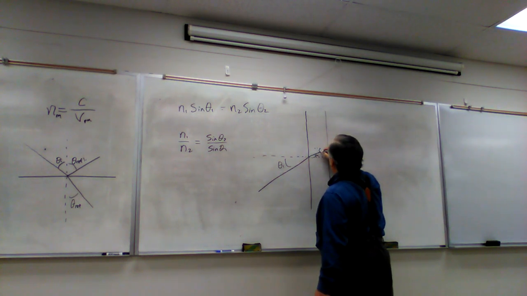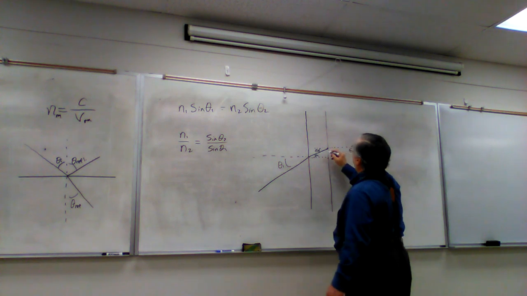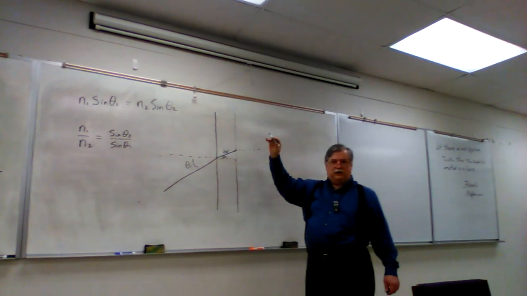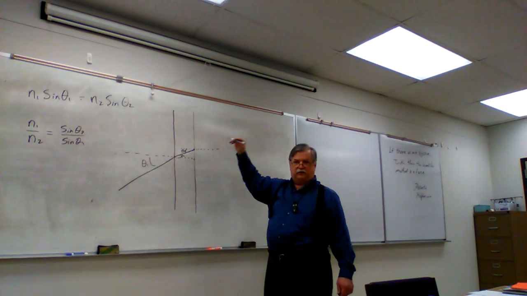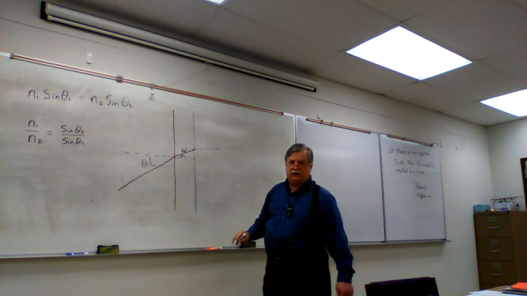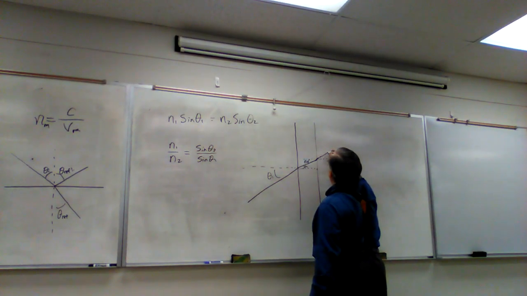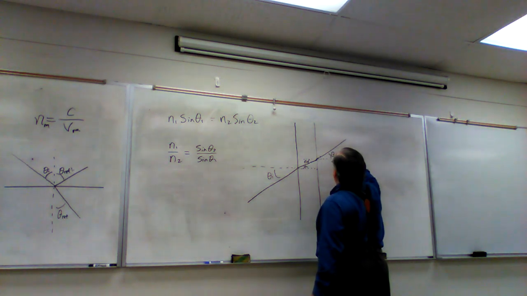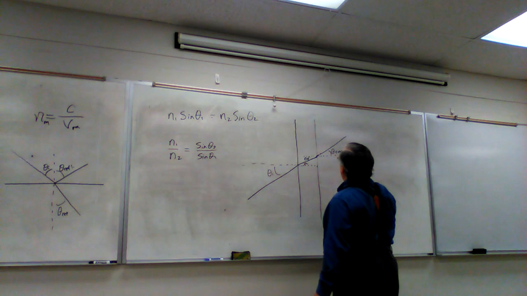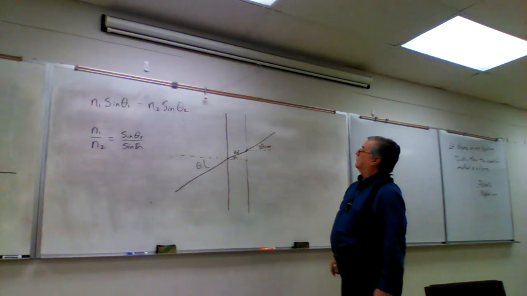where this theta 2 is now the angle of incidence. But now it's going from a medium with a higher index of refraction to a medium with a lower index of refraction. So it bends back out with a new theta of refraction.